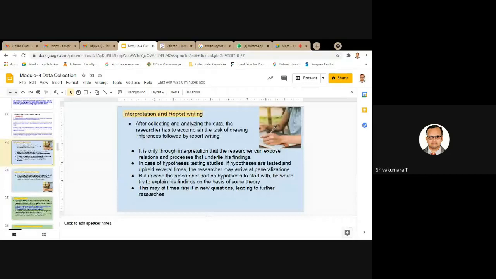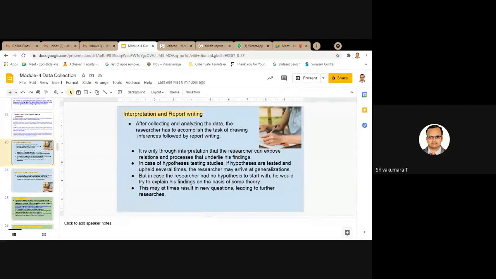Whereas the chronological one is based on the timeline, when you did that work, based on the timeline you are going to give the interpretation. A little later we will look into both kinds of interpretations. First, let us understand what exactly interpretation is.